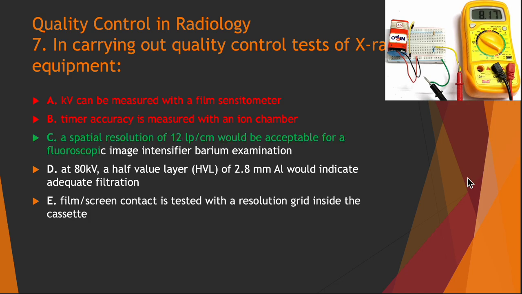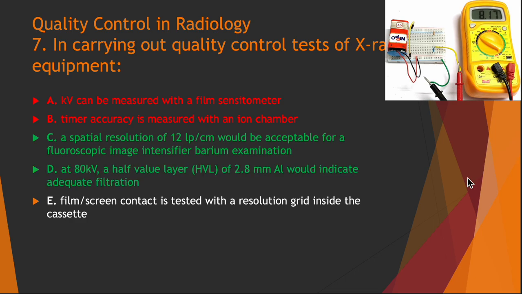Statement C, a spatial resolution of 12 line pairs per centimeter would be acceptable for a fluoroscopic image intensifier barium examination. The answer is true, because fluoroscopy with an image intensifier TV achieves a spatial resolution of 1 line pair per mm. So 1 line pair per mm is approximately 10 line pairs per centimeter, and so 12 line pairs per centimeter is quite acceptable.